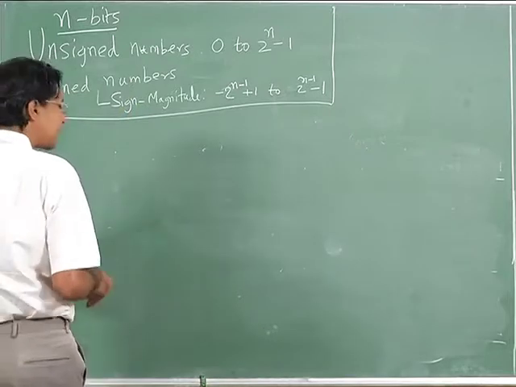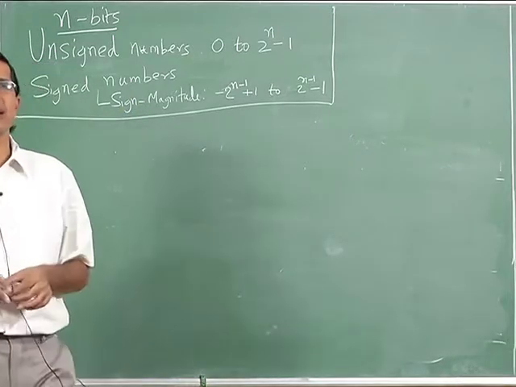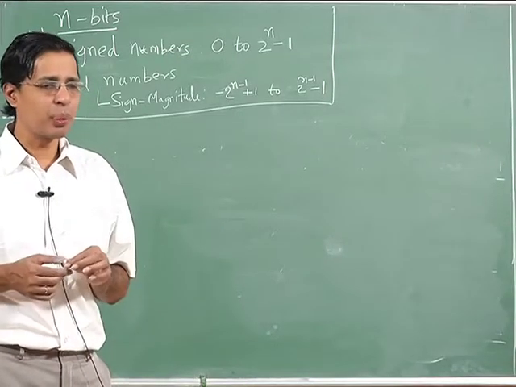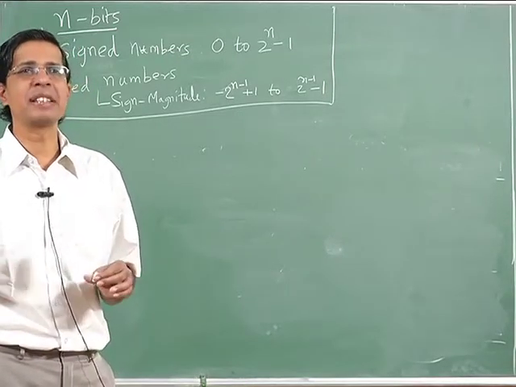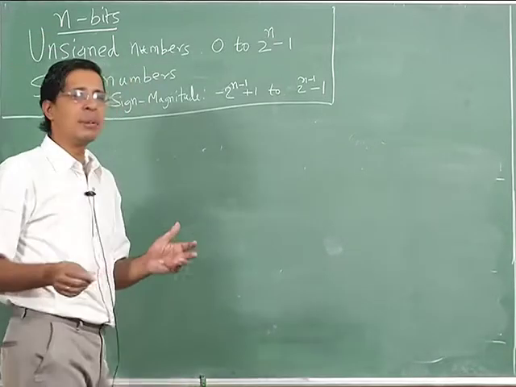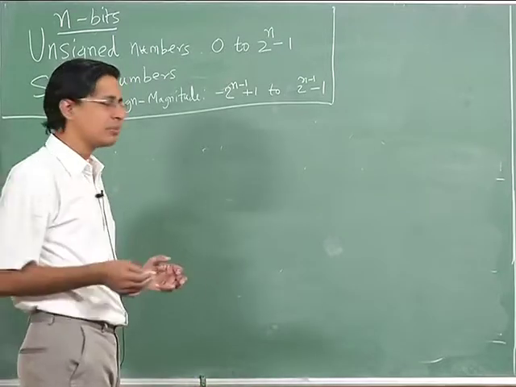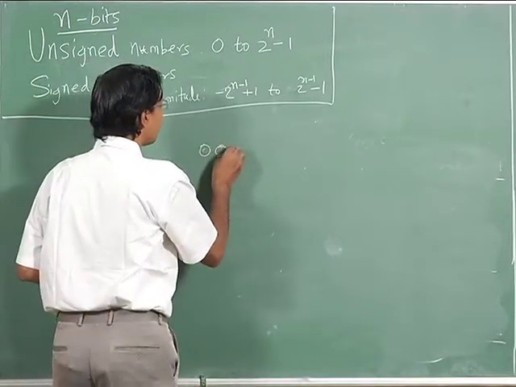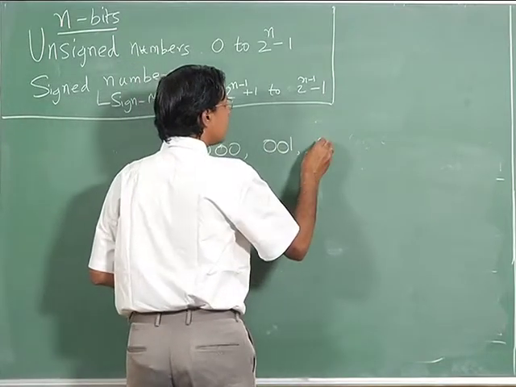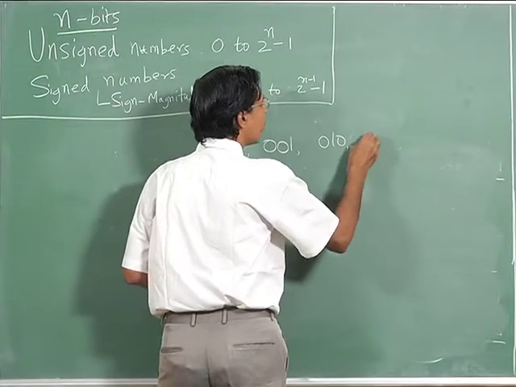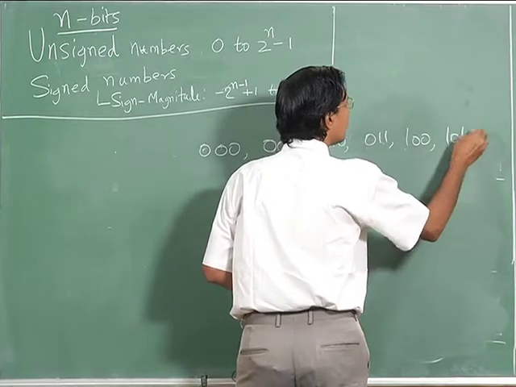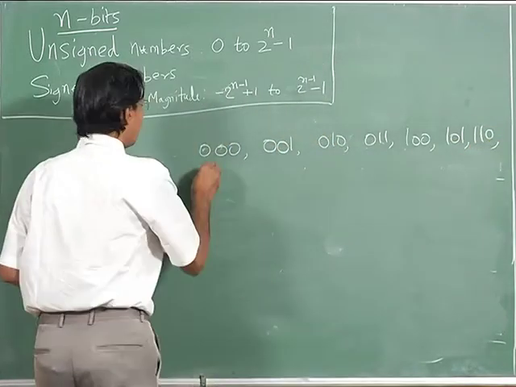First and foremost, please understand that we cannot represent infinity in a computer. We have a finite representation. Let us take 3 bits and start counting: 0 0 0, 0 0 1, 0 1 0, 0 1 1, 1 0 0, 1 0 1, 1 1 0, 1 1 1.